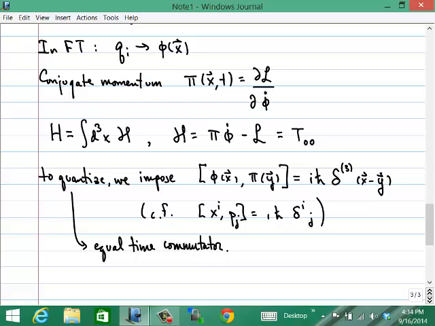But the point is that the commutations that we impose in quantum mechanics are commutation relations between operators x and p, and you need to decide how those operators are going to evolve in time before you decide what the commutation relation at some later time is going to be.